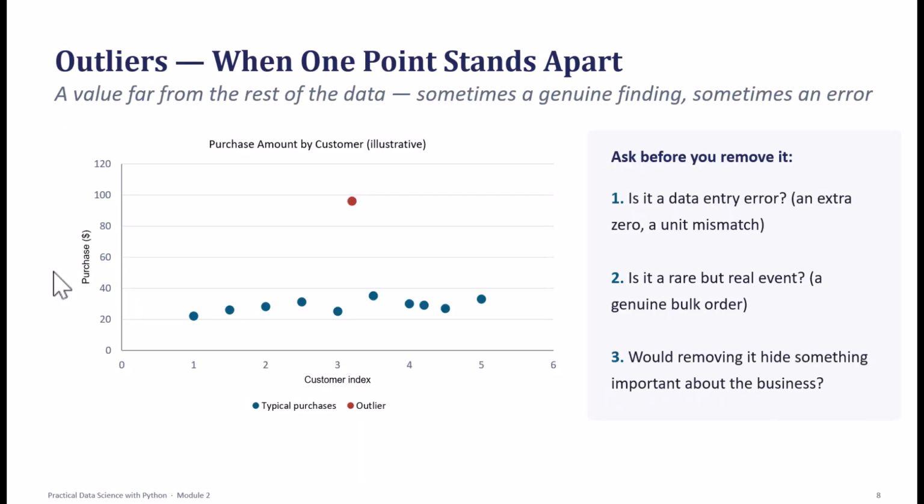Then I was talking about outliers just now. What are outliers? A value far from the rest of the data. Sometimes a genuine finding, sometimes an error. Okay, so for example, you are collecting data based on age group of people. You have a boundary for your age, a scope. The age is just between 8 years old and 15 years old.